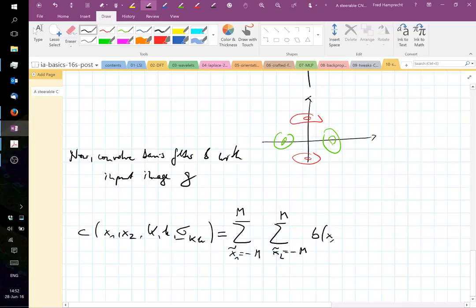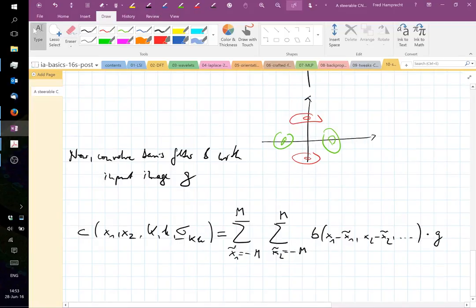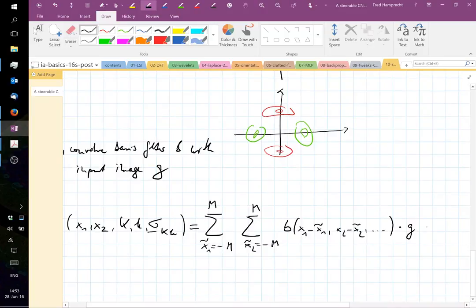So I have here x1 minus x1 tilde, x2 minus x2 tilde, and a few more arguments multiplied with my image G. Sorry, I need to turn around the sign here, because otherwise it would be correlation and not convolution.